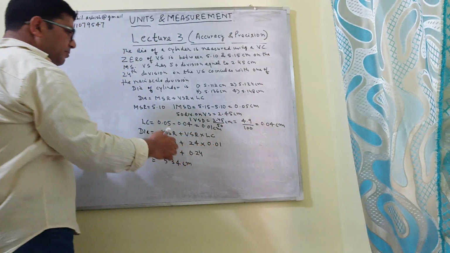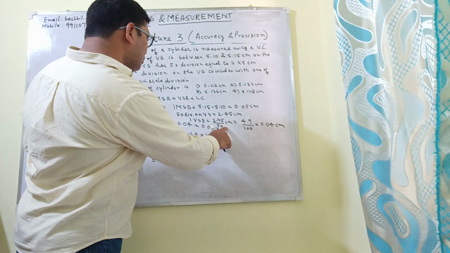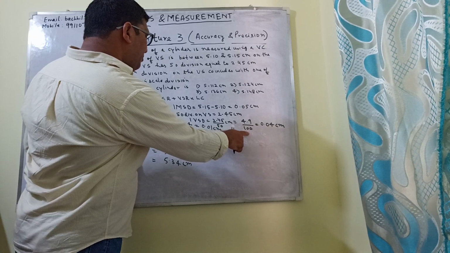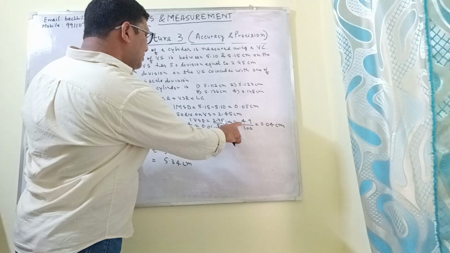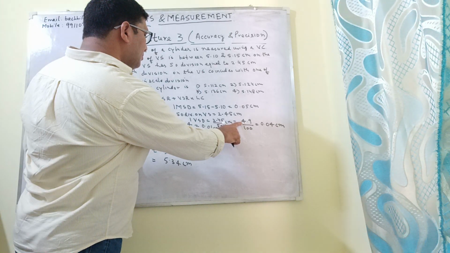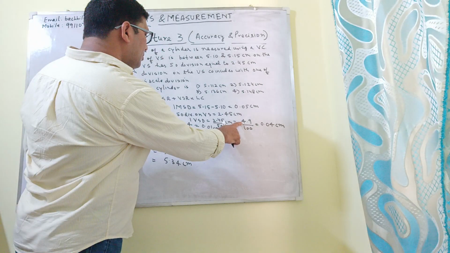I think I have made some mistake here, maybe. Let's see in the calculation. This is equal to 2.45 divided by 50, which I made it to 4.9 divided by 100.